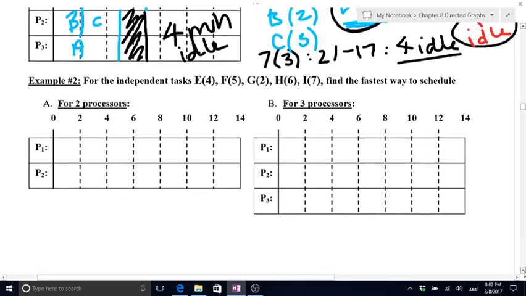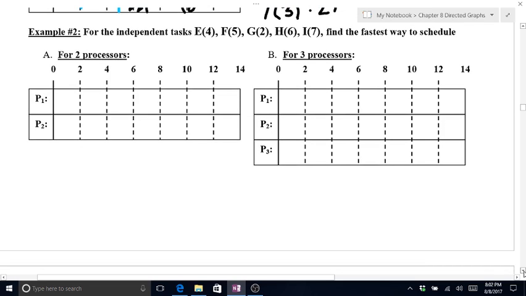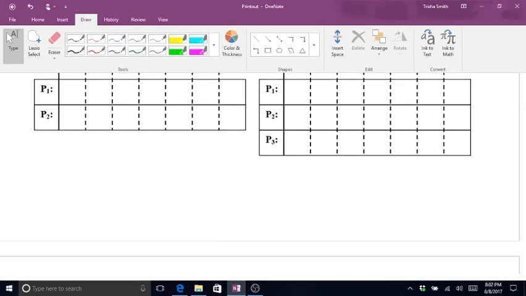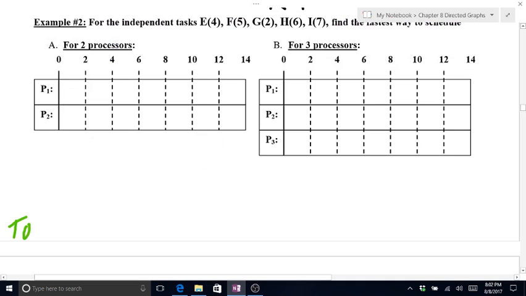Okay. For independent tasks, E 4 minutes, F 5 minutes, G 2 minutes, H 6 minutes, I 7 minutes. Find the fastest way to schedule. Okay, we're doing 2 and 3 processors. So the first thing we have to find out is total time. So we want total time.